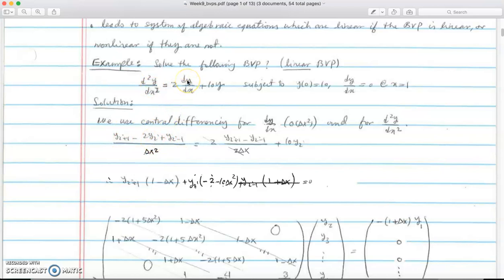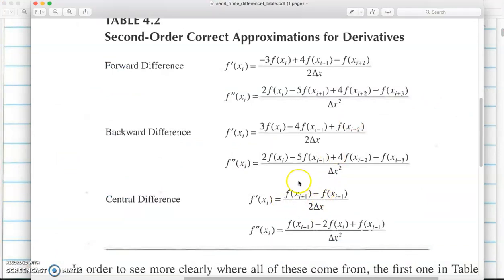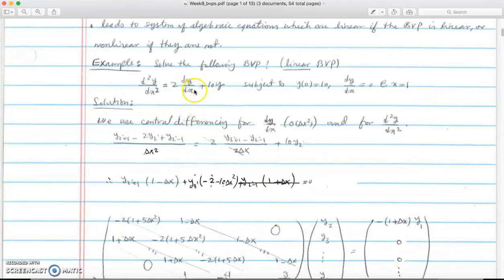We're going to do central differencing on the second term. Going back to here, this is the central difference version of the first derivative, f_{i+1} minus f_{i-1}, divided by 2 del x. Here I have replaced this term by the discretized version of it. And then the last term is just itself. So again, every term is discretized at point i.